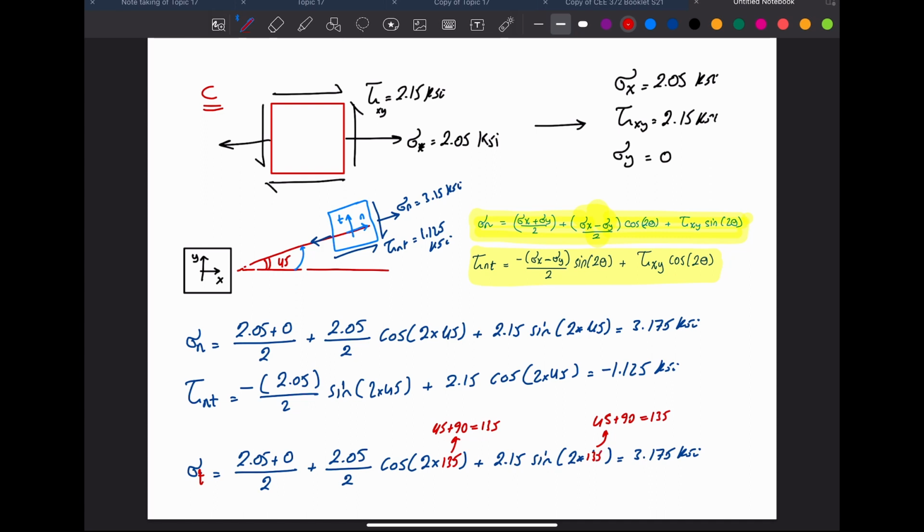If you solve for this, you're going to get, oh, my bad. Instead of 1.125, this should be negative 1.025, and here is negative 1.125 KSI. So here the shear should be 1.025, and the stress in T is negative, which means compression, and it's equal to 1.125.